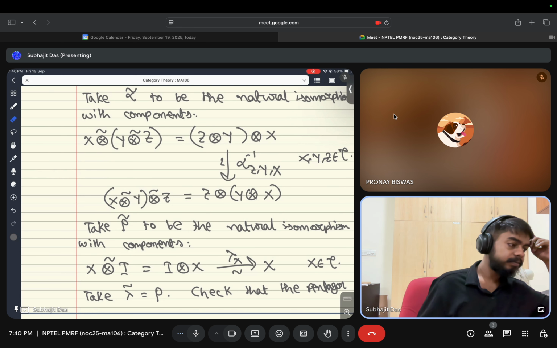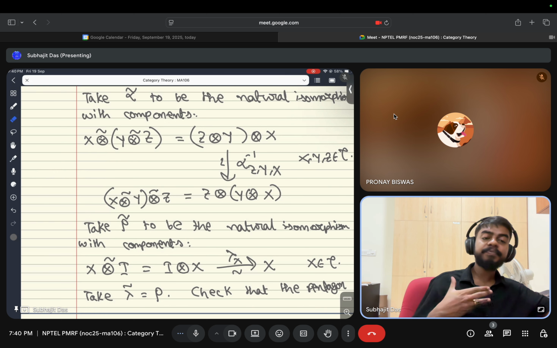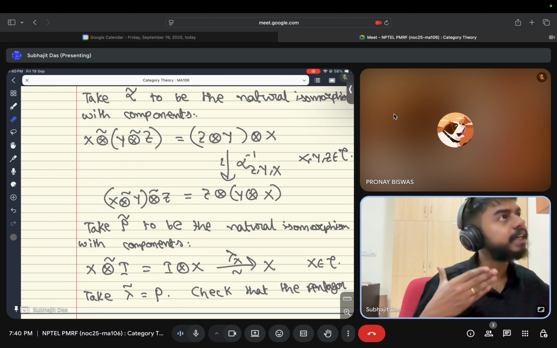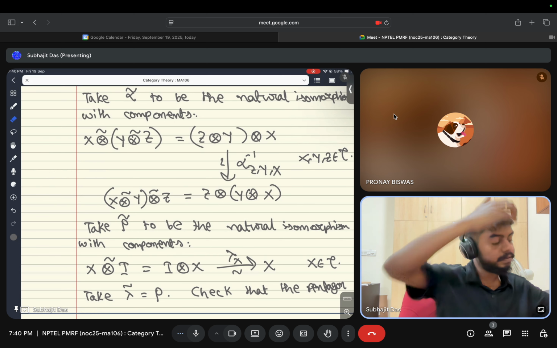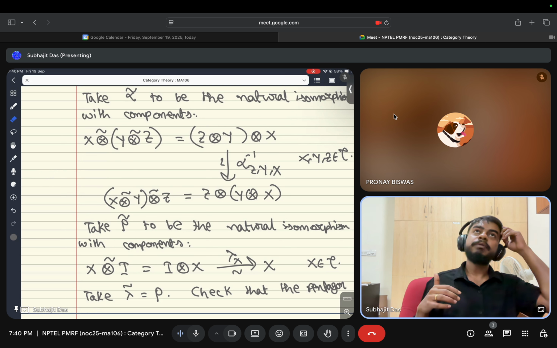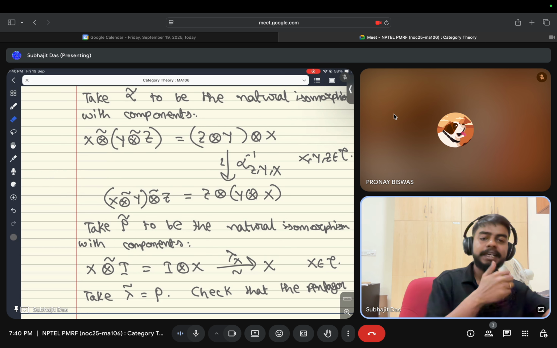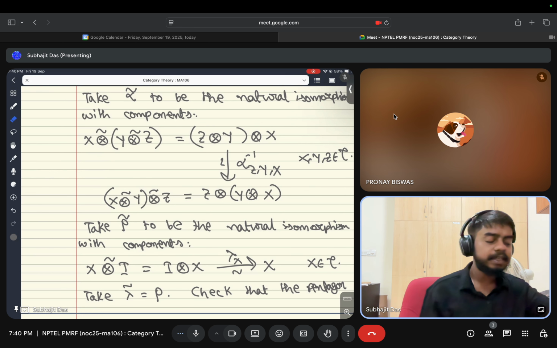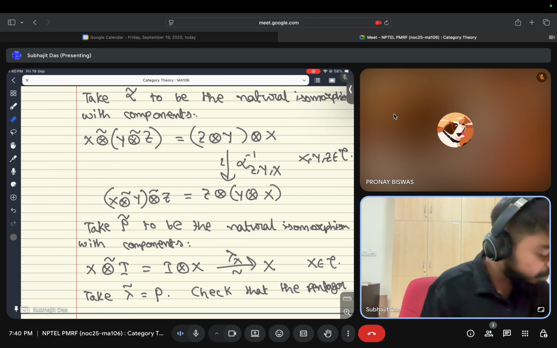The pentagon axiom was an attempt to weaken associativity in a certain way, which I can't say very precisely right now. That would involve some work. There is an analogous thing called the pentagon axiom in algebraic topology, and this name comes from there. So check that the pentagon axiom and triangle axiom hold.